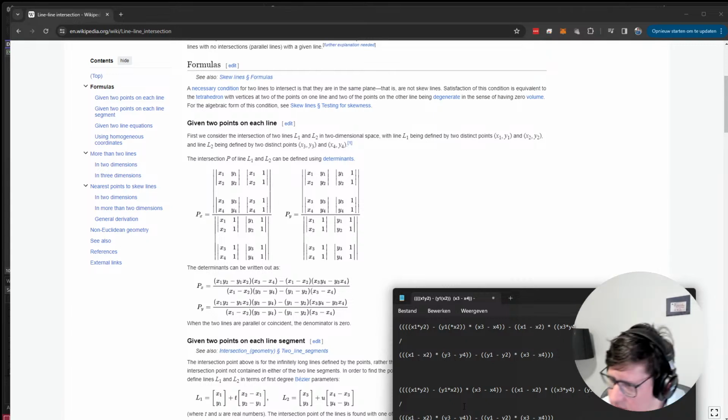X2. Let me see. Remember, your second part can be 0. Okay. And what do you mean by second part? This one? So, and you shouldn't divide by 0.